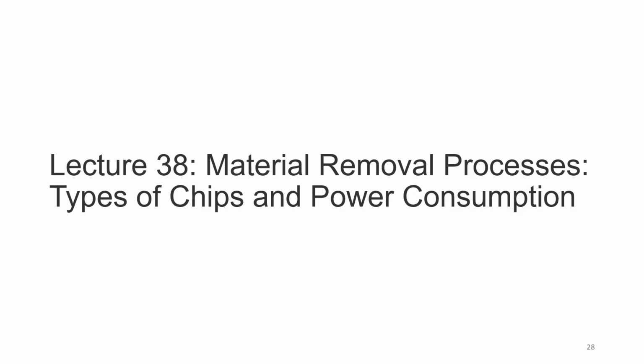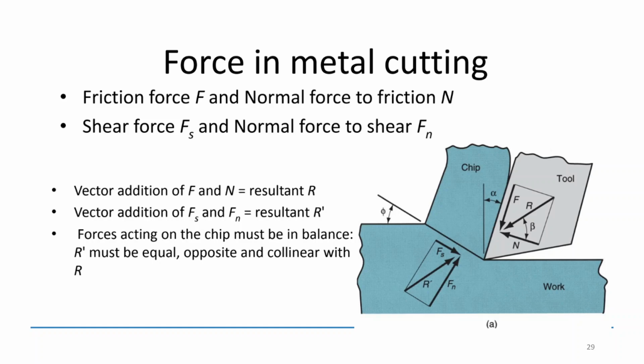Next is types of chips and power consumption. In this case you have various parameters: friction force, normal force to friction, shear force, normal force to shear, and then there are resultant vectors.